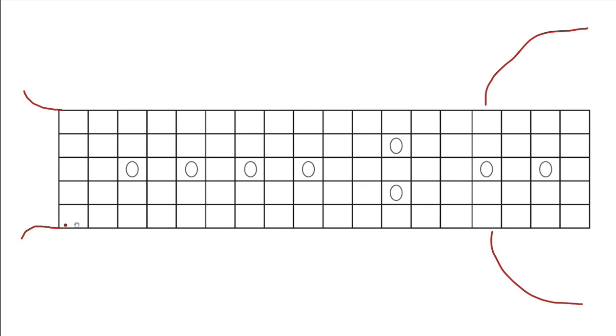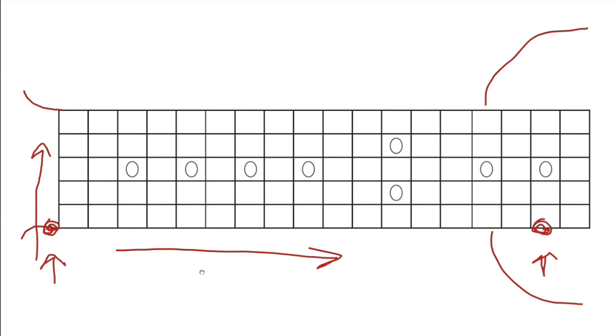So if I was to play a note down here, it would sound lower than if I was to play it on the same string up here. So down here is lower, up here is higher when you're talking about one string. And the guitar can be confusing because you can go up in pitch going this way, but you can also go up in pitch going this way. So that's one thing that makes understanding guitar a lot more difficult than for a piano, for example.